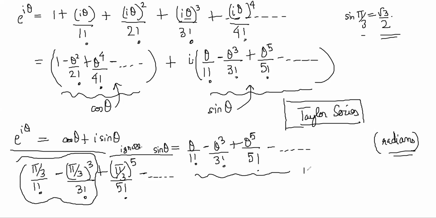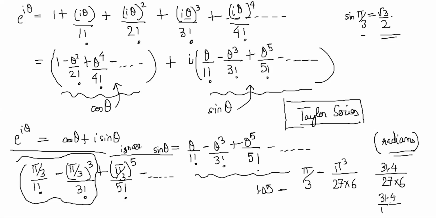So the first term is simply pi by 3, minus pi cube by 3 cube, which is 27 into 6. Pi is 3.14, let's say. 3.14 by 3 will be almost 1.05. Minus pi cube: pi square is almost 10, and 10 into pi is 31.4. So 31.4 by 27 into 6, which is 162.